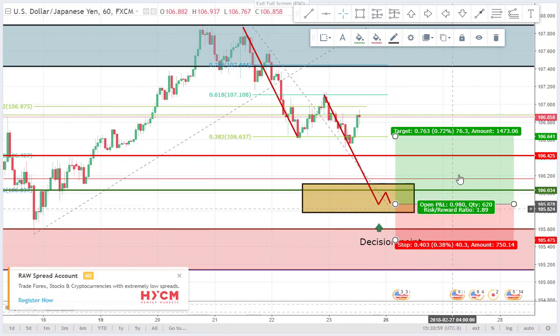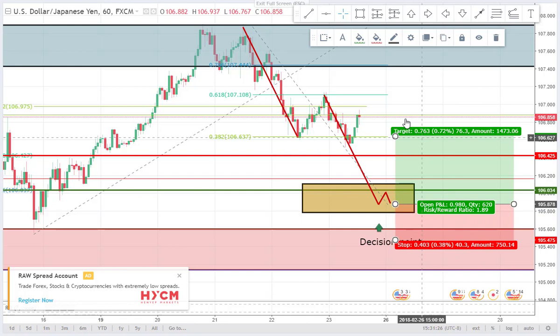So this first scenario presents to us an opportunity of risking 40 pips for a take profit of 76, if we take our first take profit at about the 38.2 retracement. This is a 1:1.89 trade, so not bad, not too far away from 1:2.